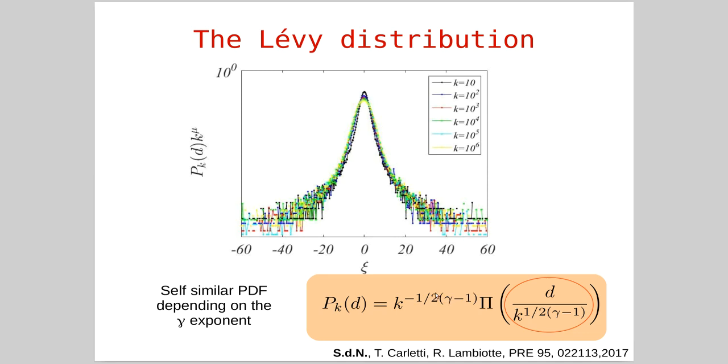And also, if you collapse the probability distribution at different times k, the variable k is dependent on time because it's the number of steps, you see that they collapse because of the self-similarity, and they show fat tails, thus having a Levy shape.